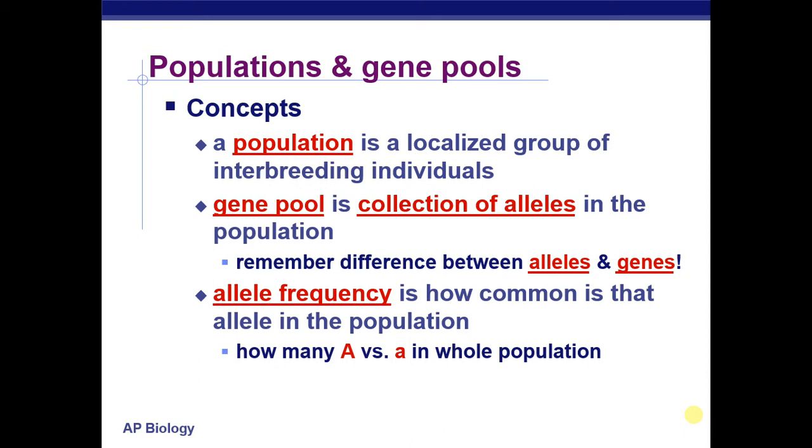Now, the allele frequency is how common a specific allele is in that population. If you think about it probability-wise, with a red marble representing a dominant allele and a blue marble representing a recessive allele, and we put them all into a bowl representing the gene pool, the allele frequency would be how common the red marble is in the bowl, or how common the blue marble is.